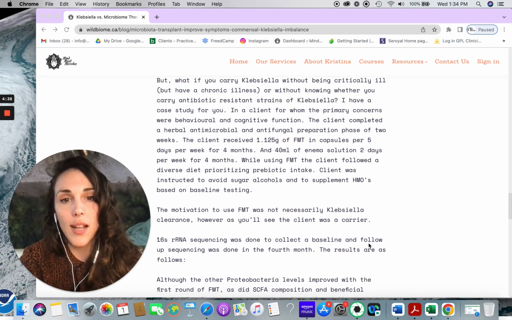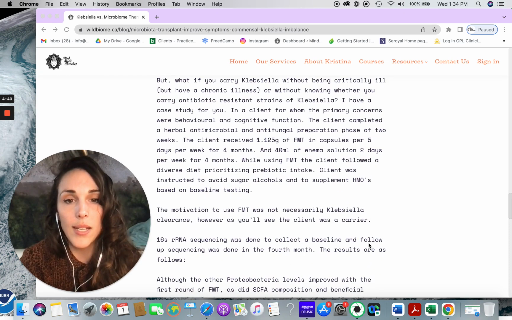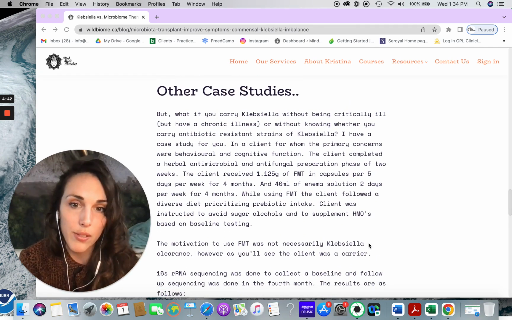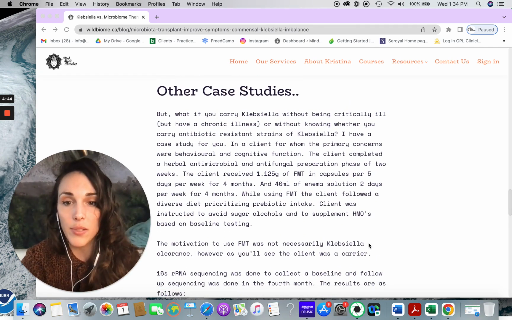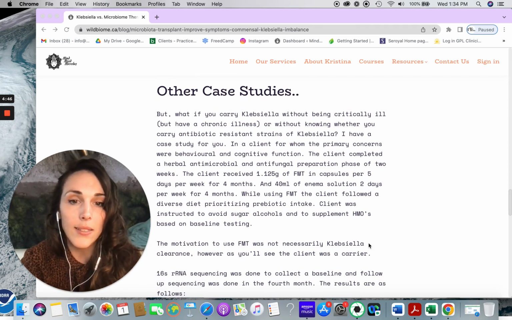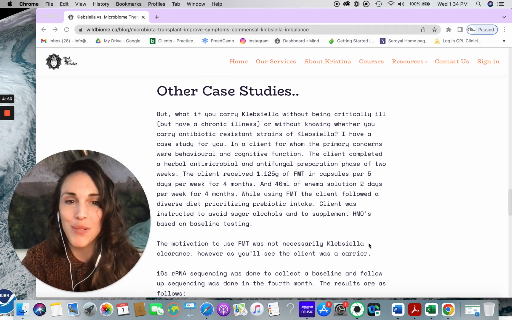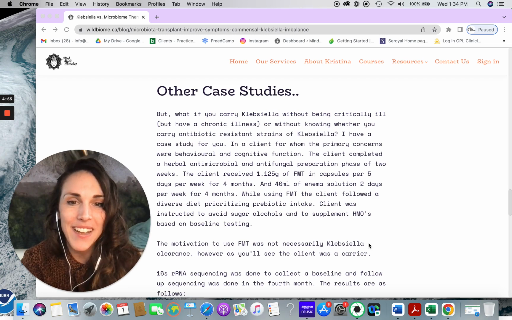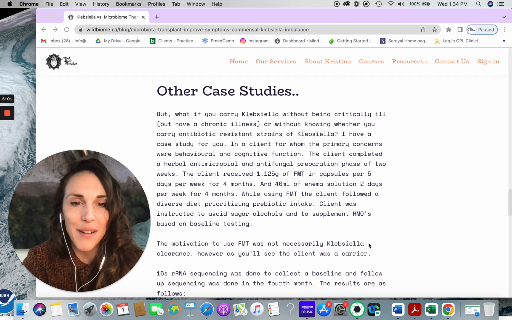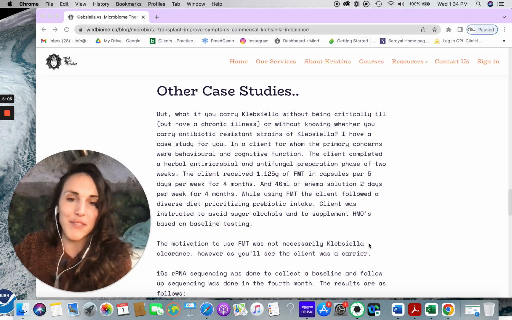Now, as far as what we did with our client, this client wanted to reduce the suboptimal levels of Klebsiella in their gut, and we provided the nutritional advice, which they declined to begin with, which is how we ended up in this situation, and I was able to do this report and this case study because of that. But anyway, we started out administering the FMT.